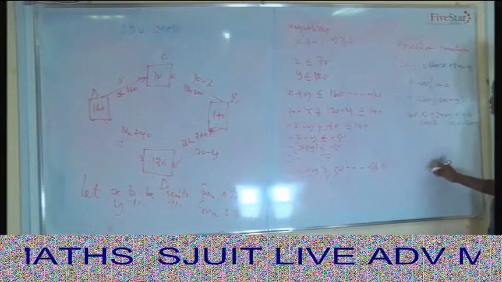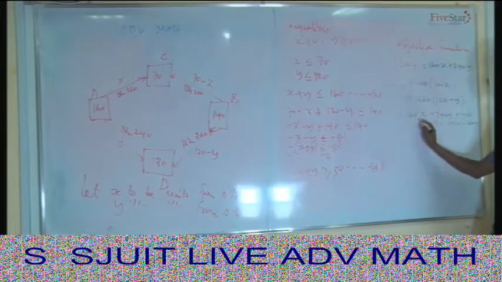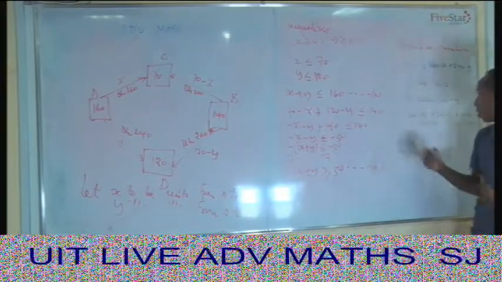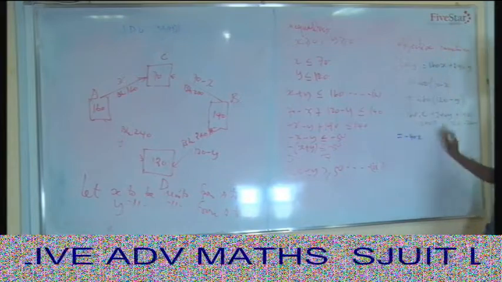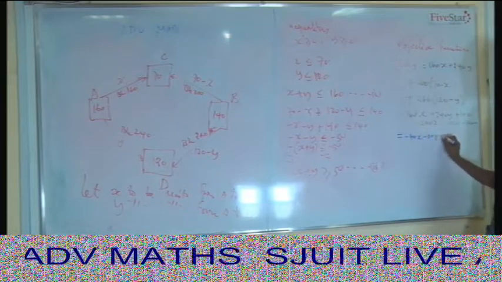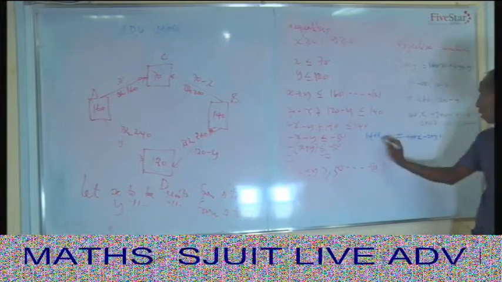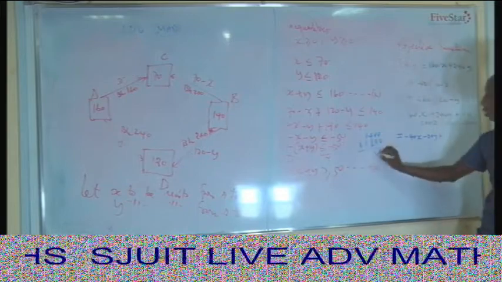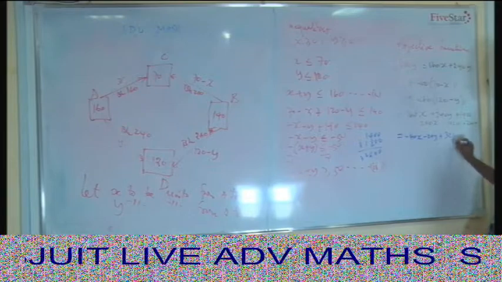What remains here is just simplification, collecting like terms together. The terms with x are 160x and negative 200x, so we remain with negative 40x. 240 minus 260, we remain with negative 20y, plus 14,000 plus 31,200 gives 45,200... adding together we get 32,600.